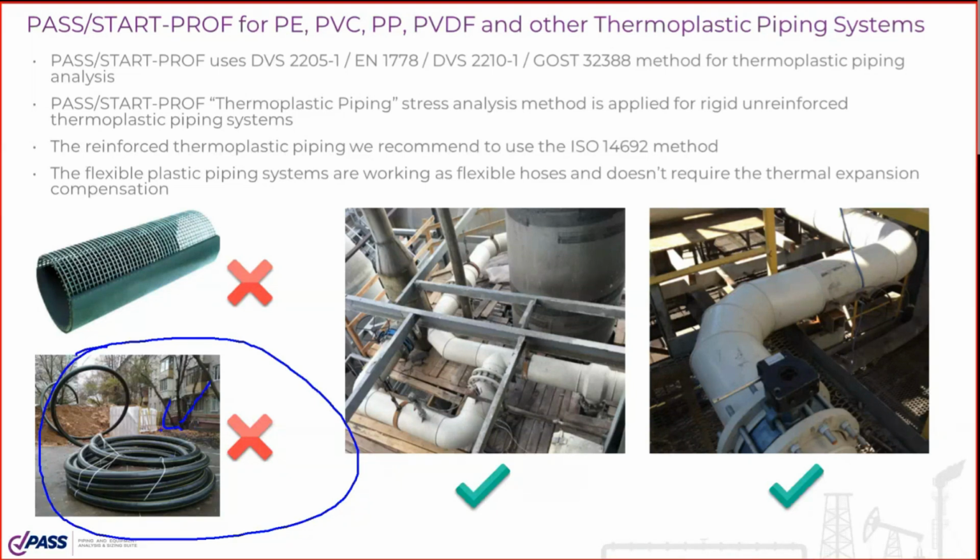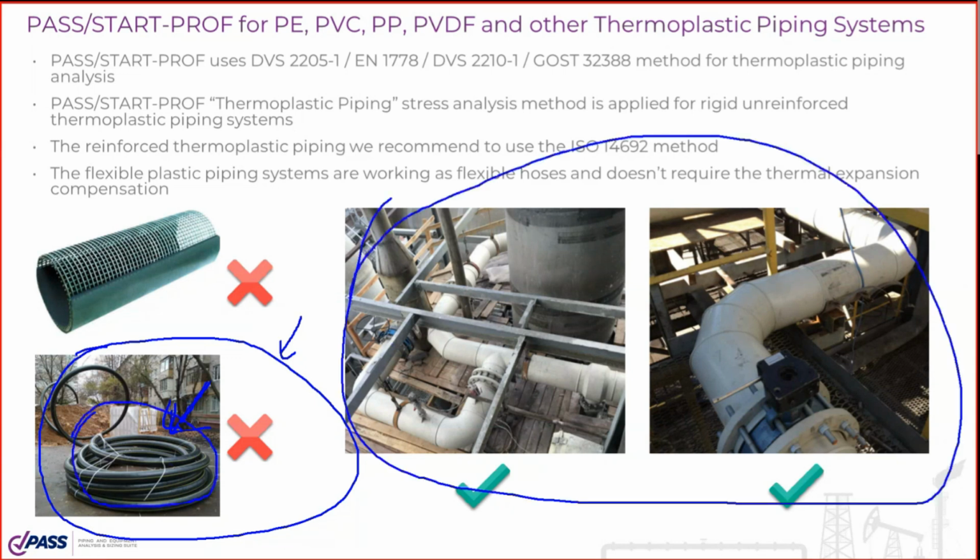So we only need to check the wall thickness from the pressure, and also we need to check the loads on the end anchors. For example, if this type of piping is buried, we have a special procedure, StarProf elements, and it can analyze the wall thickness and loads on the end anchors for flexible piping, but not in the 3D modeling of the piping system model.